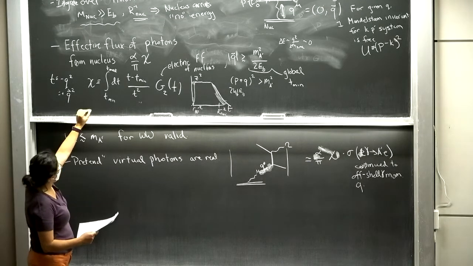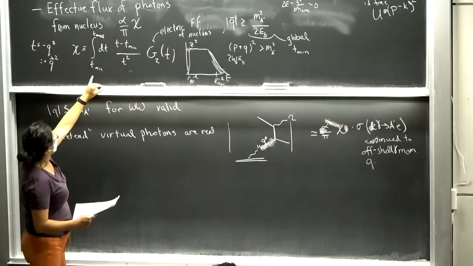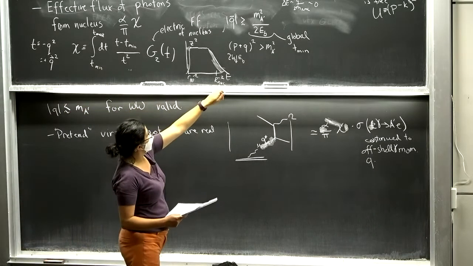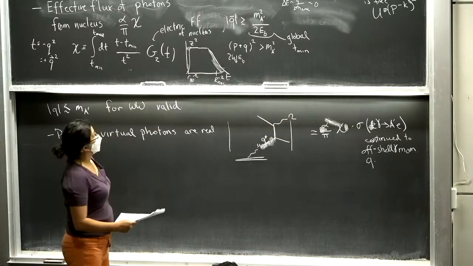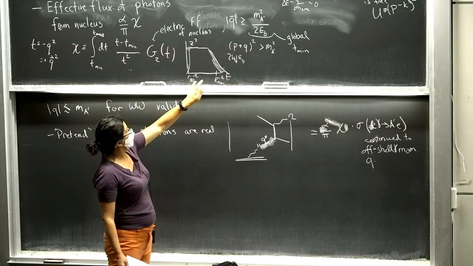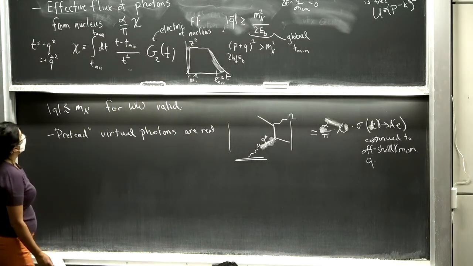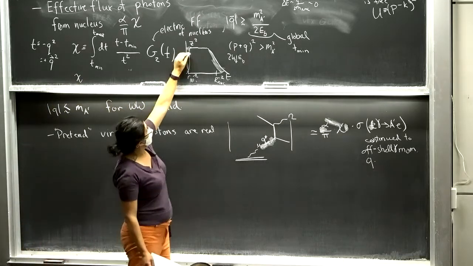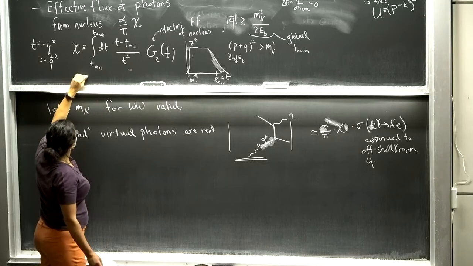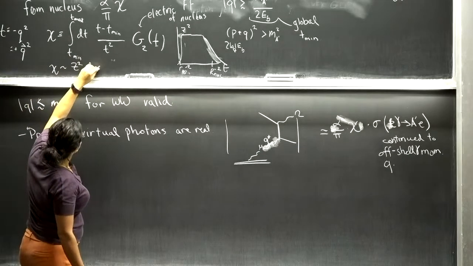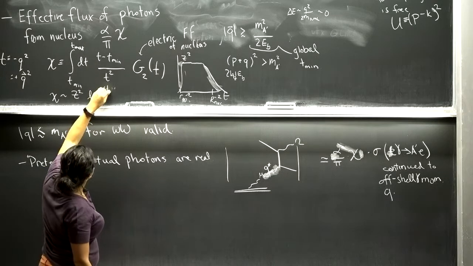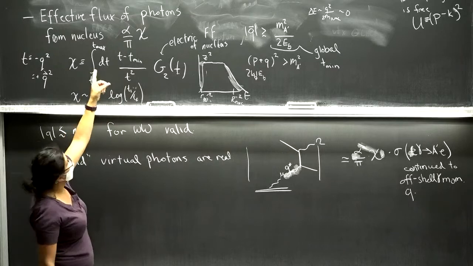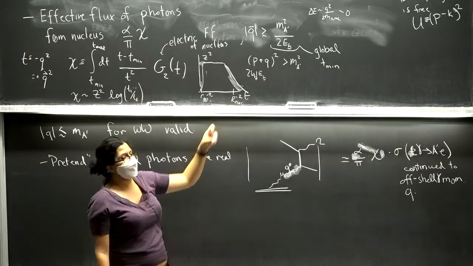So I guess the one other ingredient I wanted to say here is that if T min is small compared to this inverse nuclear size, and generally we're always thinking about cases where T max is big compared to both of these sizes, then it's basically going to be dominated by this region. And it's going to look like z squared times a log of some ratio of t's, where T1 is the smaller of T max and this inverse nuclear size.